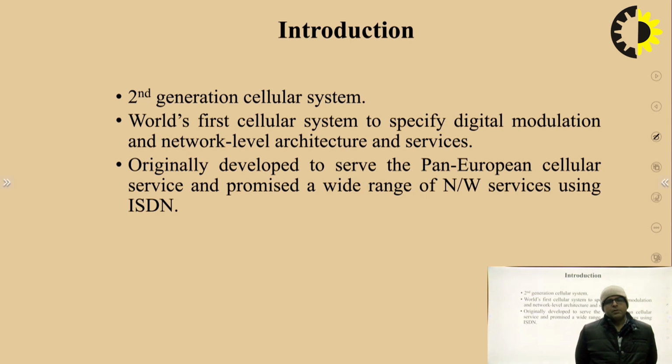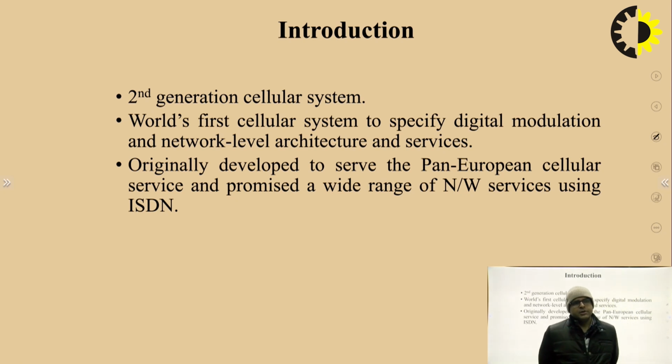But the problem was that a single equipment could not provide services across all the continents in Europe. So, to provide uniformity, a standard which can exist across all of Europe, the global system for mobile communication has been implemented.